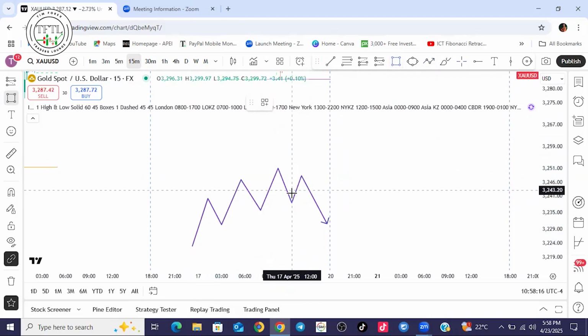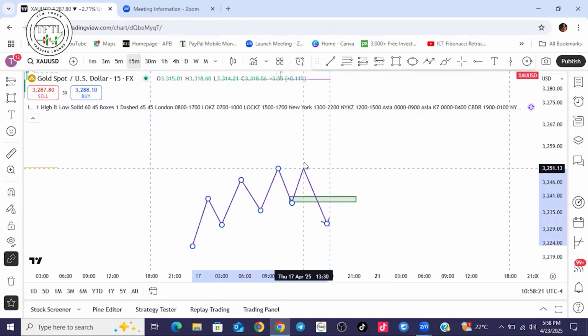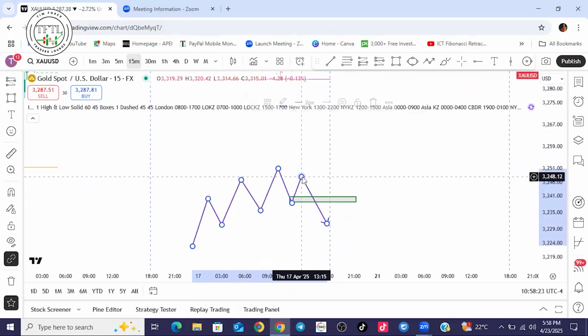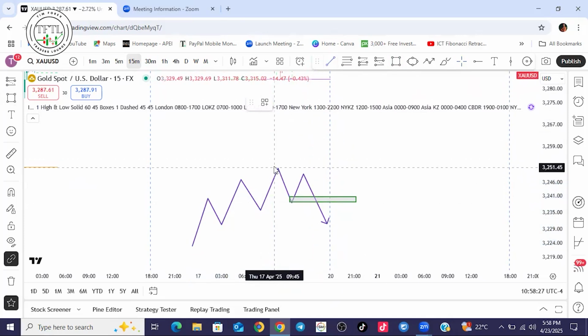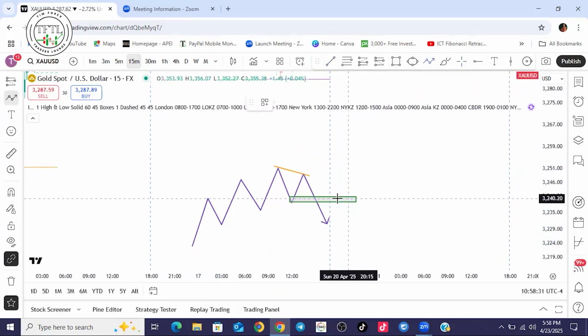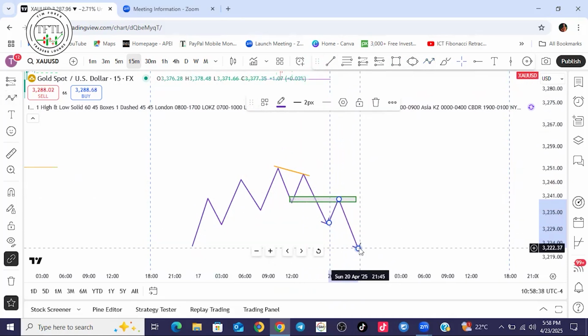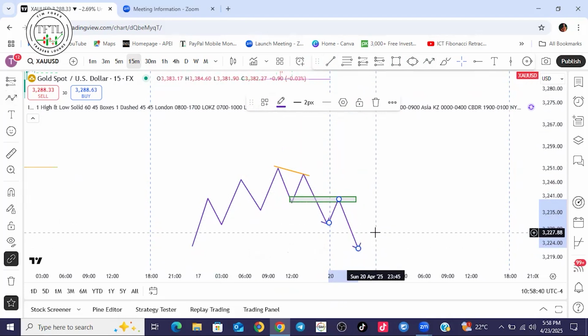So at this particular point where we had this order block that failed to create higher highs, it gave us what we call a market structure shift. Right, this is what we call a market structure shift. So once that happens, then this is the bearish ICT mitigation block. So the price will come retest there, and then now we see the price push. All right, we see the price push in the upper direction.